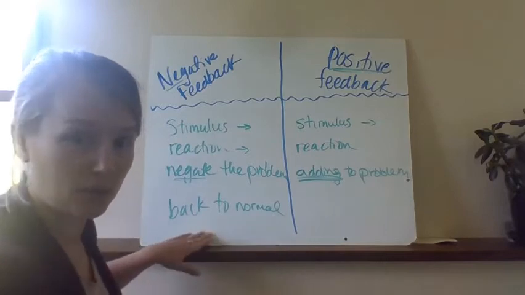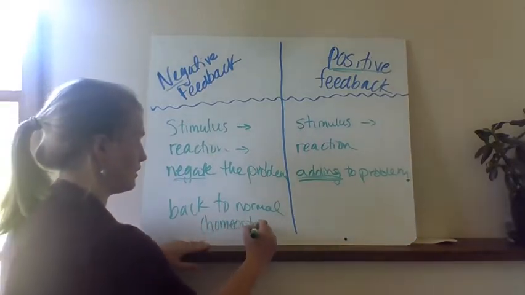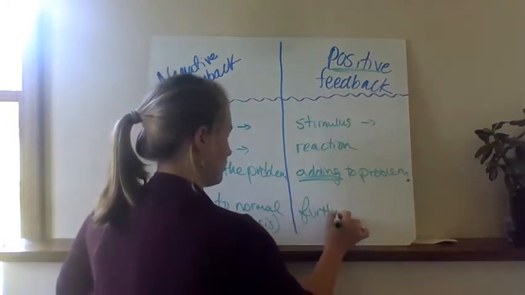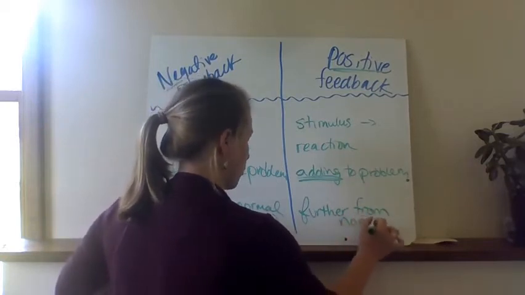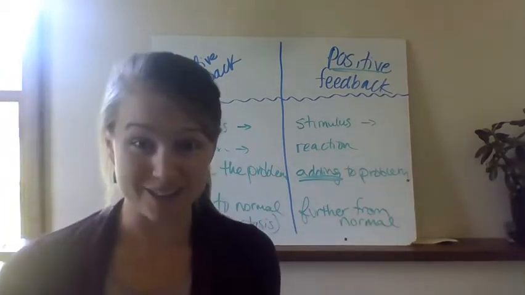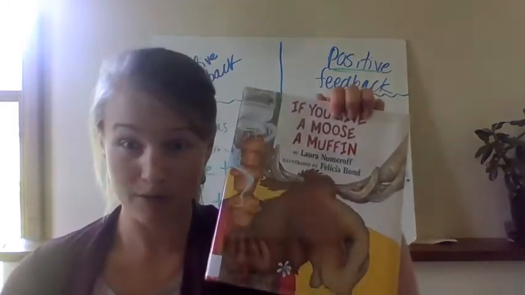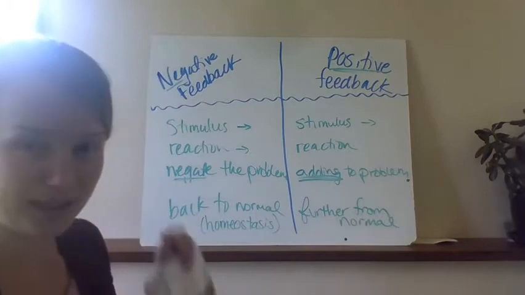So instead of bringing back to normal and back to homeostasis, you're getting further from normal. You're going away from homeostasis. So my favorite thing to say is, how could you change the book If You Give a Moose a Muffin from a positive feedback loop into a negative feedback loop?